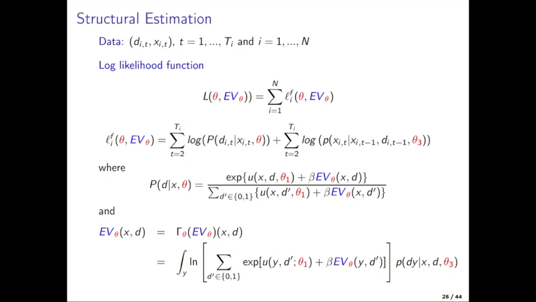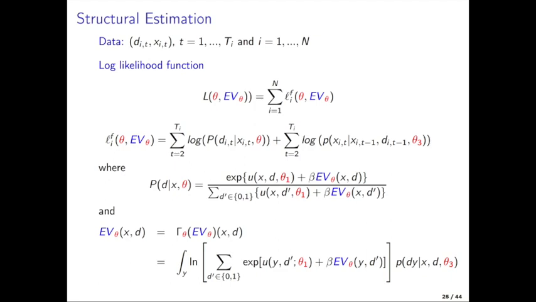And this is one of the key benefits that you get from having the extreme value distribution. You get the choice probabilities in closed form, logit formulas as smooth functions, and the max operator is completely gone from the Bellman equation. It's smoothed out and replaced by the log sum, or the smooth max operator. So this means that everything here is smooth in theta, and we can calculate derivatives.